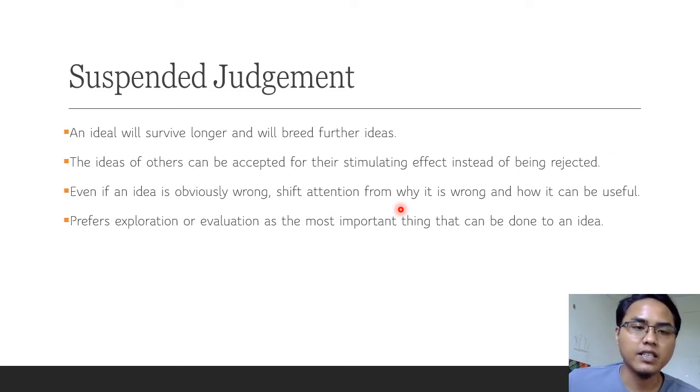After that, in the suspended judgment, we prefer to explore rather than evaluate, as evaluation is the most important thing that can be done to an idea.